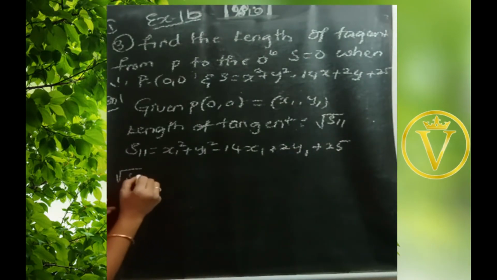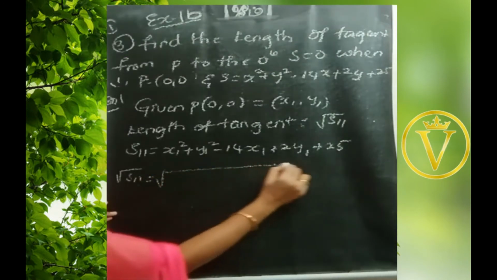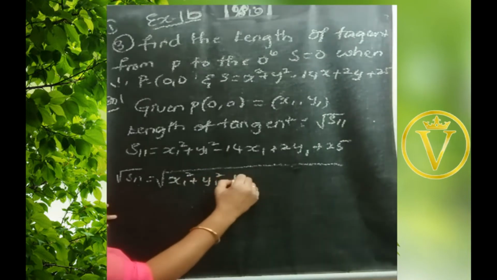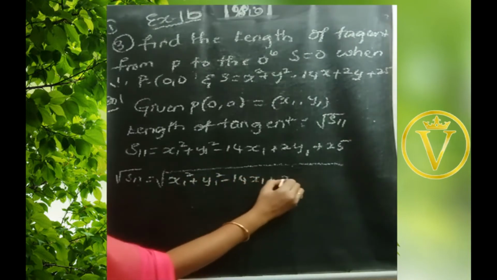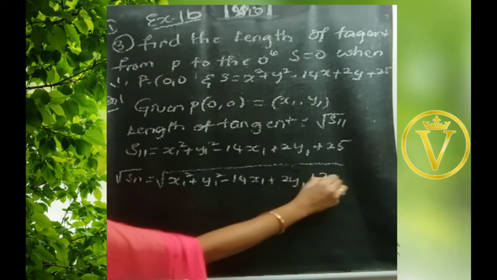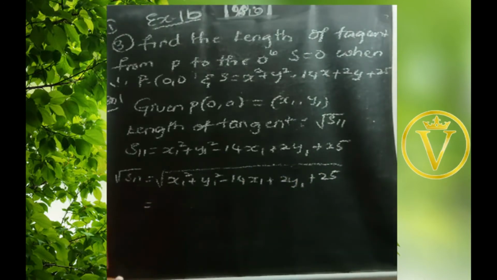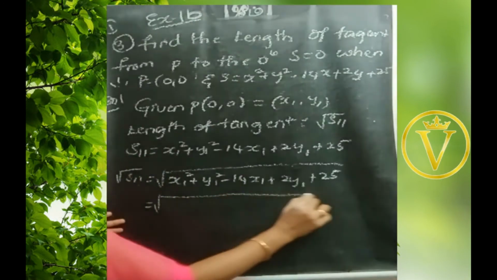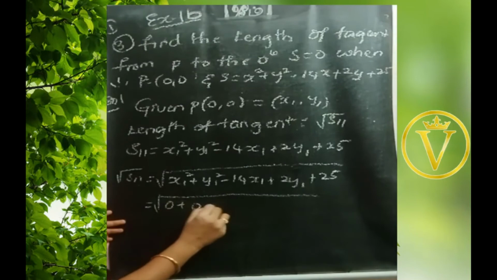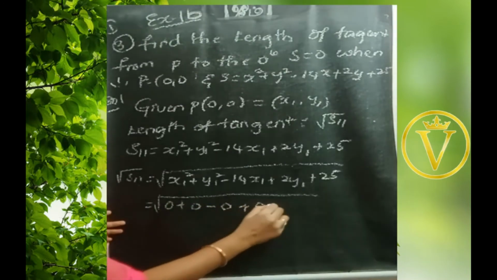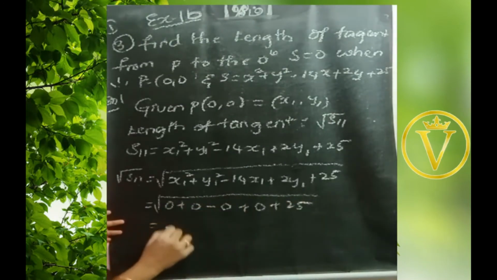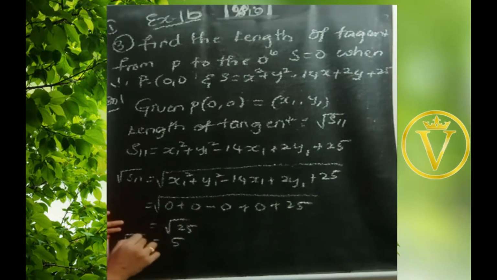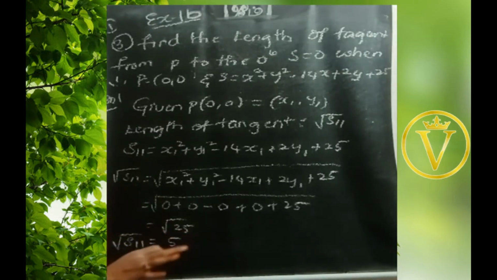So now apply root for this equation and substitute the points. Here they have given the origin, that means 0. So 0 plus 0 minus 0 plus 0 plus 25 means root 25, that equals 5. So root S11 is 5. That's it.